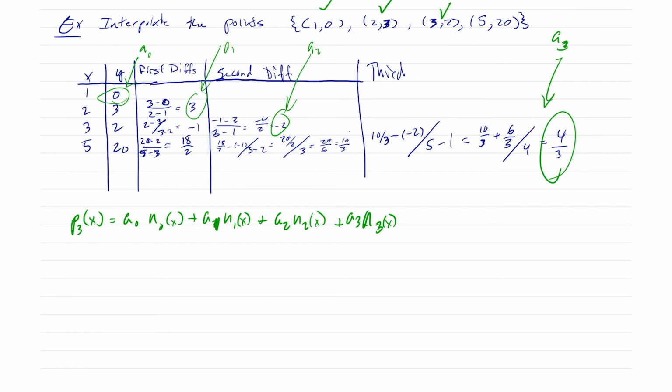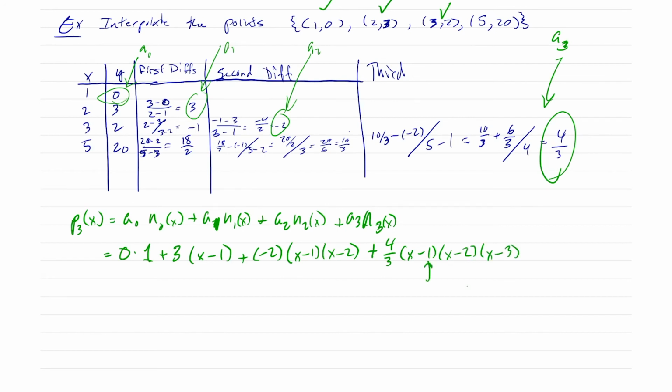Okay, so let's go ahead and do it. So A0 was 0, so 0, and N0 is the function 1. A1 is 3, and N1 is x minus x1, and x1 is just 1, plus negative 2 times N2, which is x minus 1 times x minus 2, and now we have plus A3, which is 4/3, times x minus 1, x minus 2, and x minus 3.